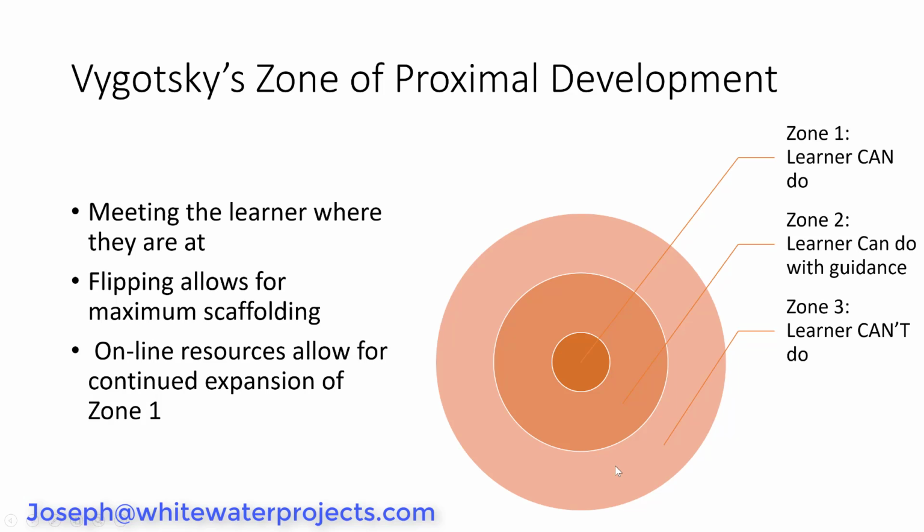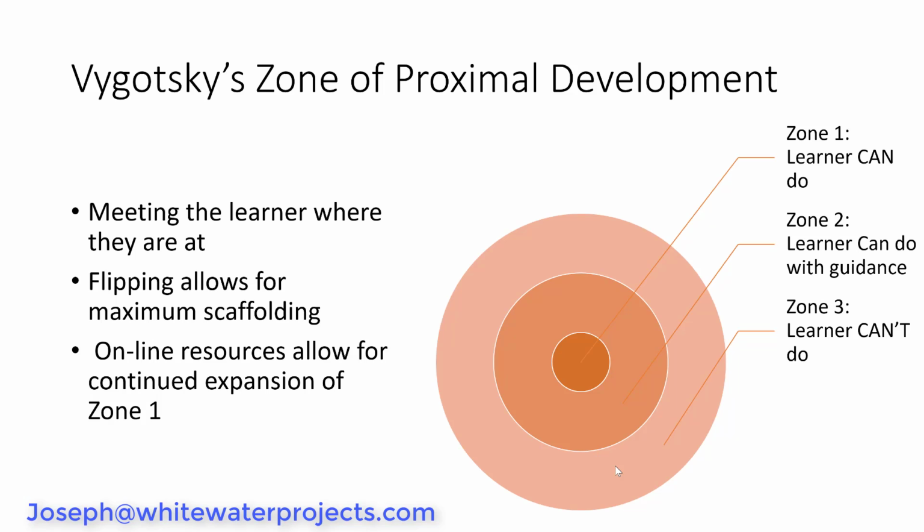I can't sit down with someone who only knows how to play chopsticks and, if I was a piano teacher, teach them to play Chopin. It's not going to happen. They may plunk out 3 or 4 notes, but they aren't going to get the purpose, the meaning, the depth, the inflection that comes with someone who knows how to play the piano. So that's the idea of the ZPD.